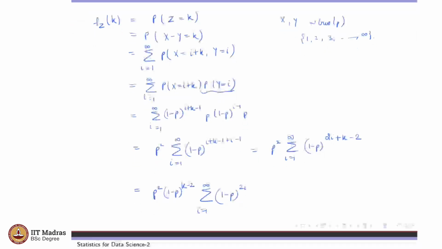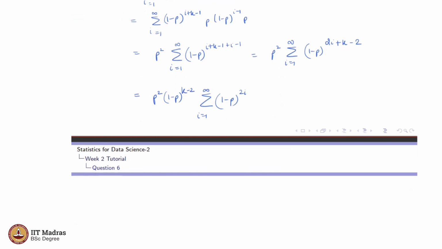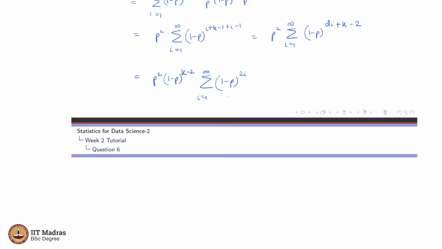Now this is a geometric series, so we can use the formula of the geometric series, and if you solve it you will get p squared (1 minus p) to the power k minus 2, and this is going to be (1 minus p) to the power 2 plus (1 minus p) to the power 4 plus (1 minus p) to the power 6 and so on.